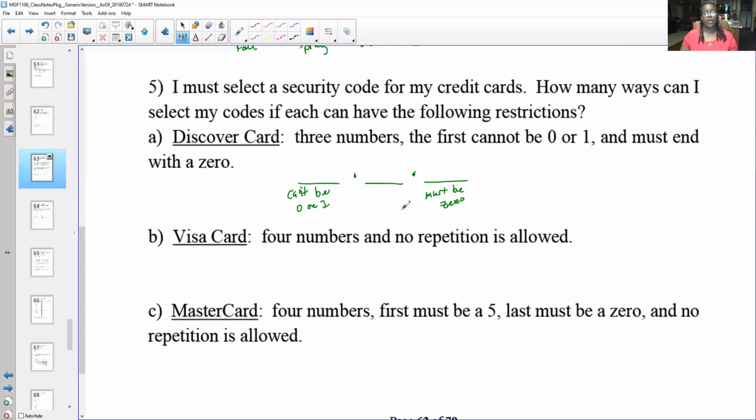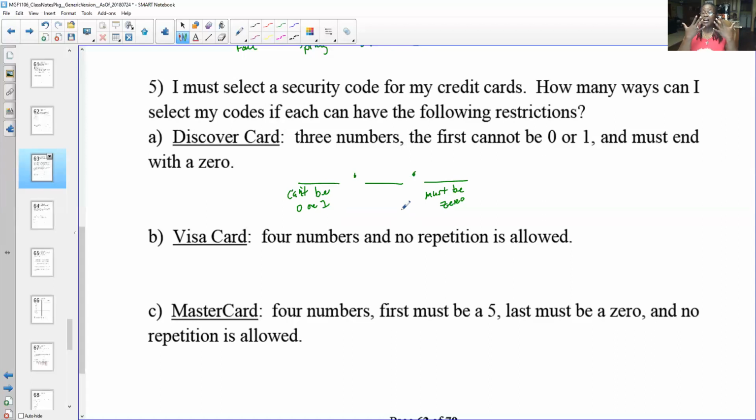Now let's talk very briefly about how many digits we have. So now it says that the first one can't be a 0 or 1. So first thing first, we have to know how many counting digits we have. And we should all know that we have 10 counting digits. We have 0, 1, 2, 3, 4, 5, 6, 7, 8, 9.